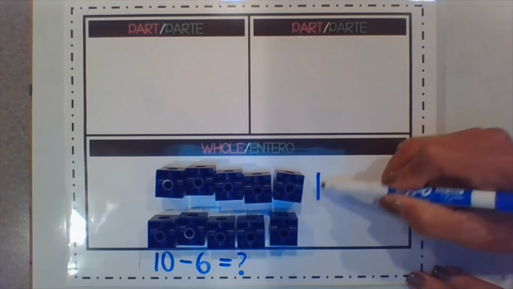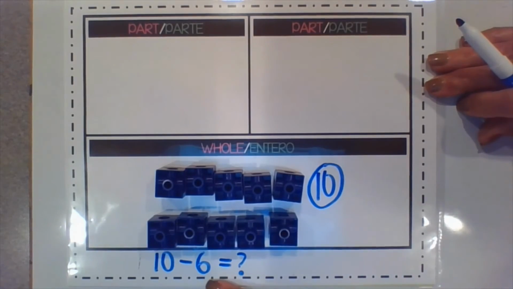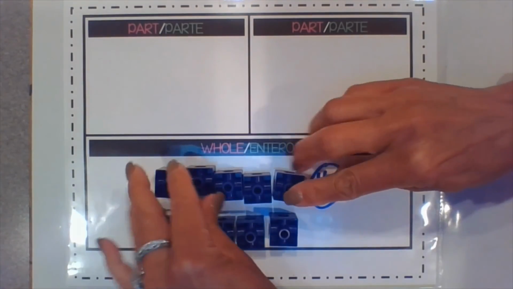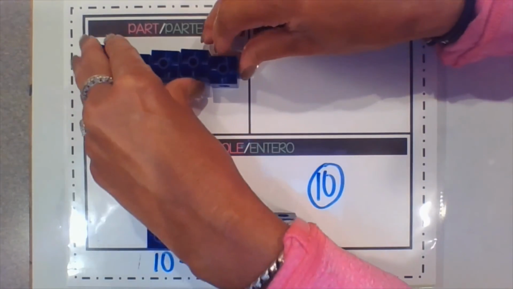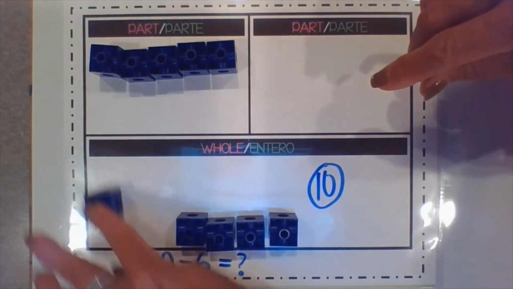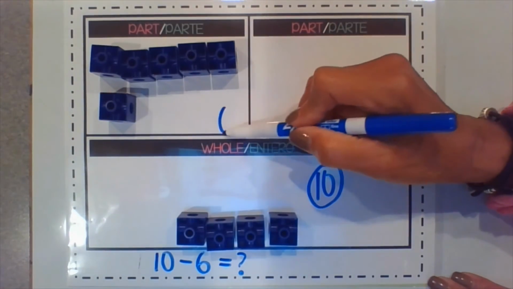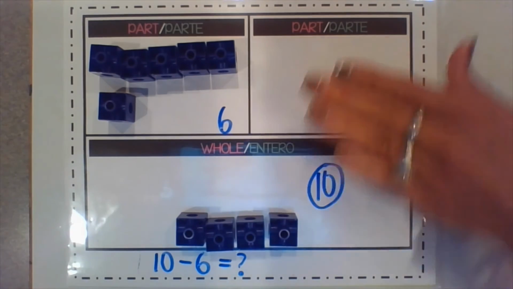So if my whole was 10, but they threw 6, 6 is one of the parts. So I'm going to take 6 of them and move it into a part. 5 and one more makes 6. How many snowballs are left?